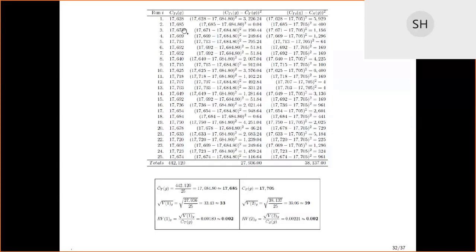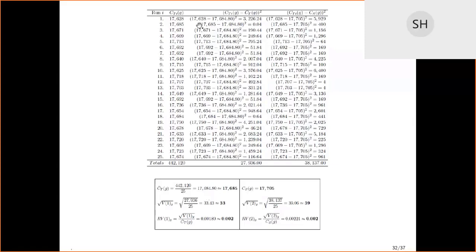From the third run, we saw 17,671. And you see the values that we actually observed for these. If we sum these values, we get a total of 442,120. We divide by 25, and we get roughly 17,684.8. I'm sorry if you're having some difficulty seeing this, but the paper will be better.